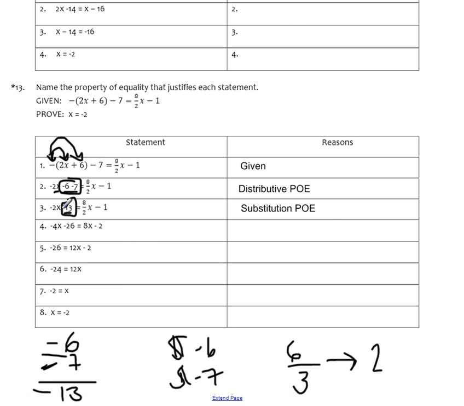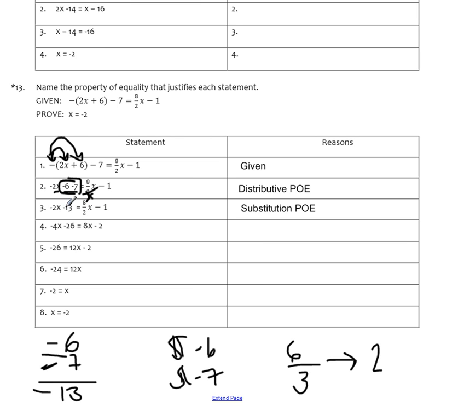All right, let's look at step 4. We have negative 2x minus 13 equals 8/2 x minus 1. In this step, we have negative 4x. So the negative 2 turned into negative 4. The negative 13 turned into negative 26. The 8/2, that's our trick right here. That fraction went away. Well, we have undone the division here.